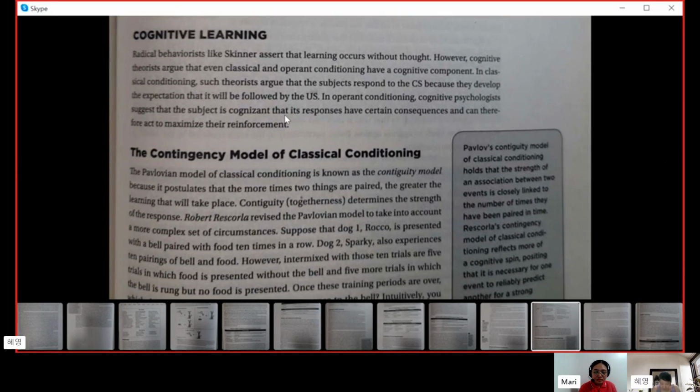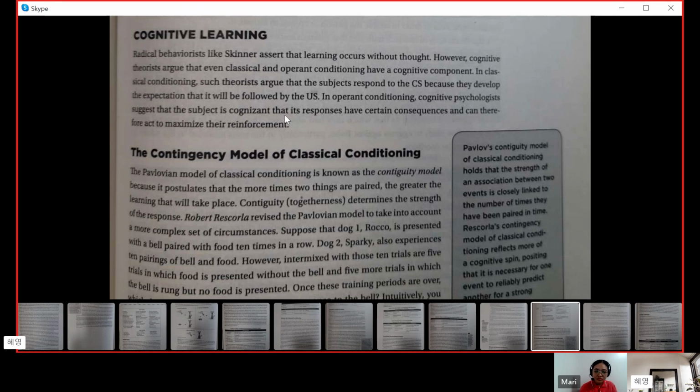And now let's look at more about cognitive learning. Radical behaviorists like Skinner assert that learning occurs without thought. However, cognitive theories argue that even classical and operant conditioning have a cognitive component.